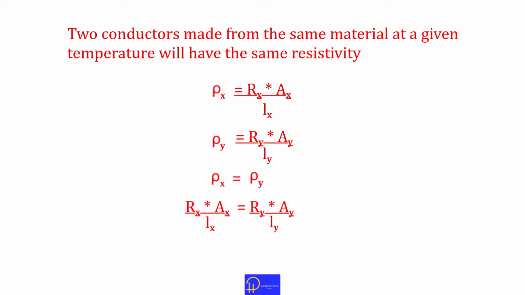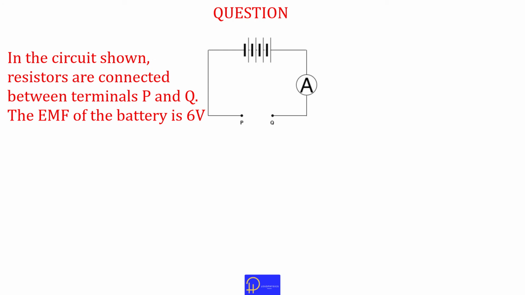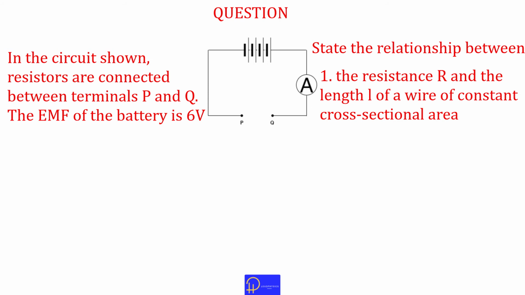Let's bring all these things together as we solve this question. In the circuit shown, resistors are connected between terminals P and Q. The EMF of the battery is 6 volts. 1, we have to state the relationship between the resistance R and the length L of a wire of constant cross-sectional area. From our discussion, we've seen that resistance is proportional to length.